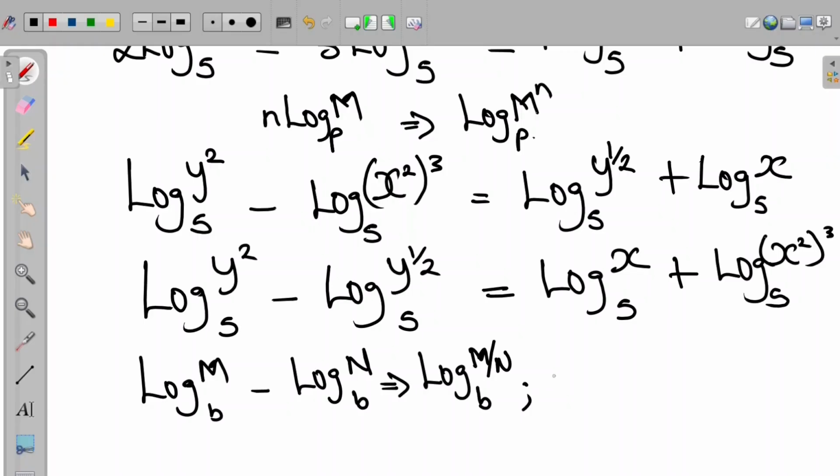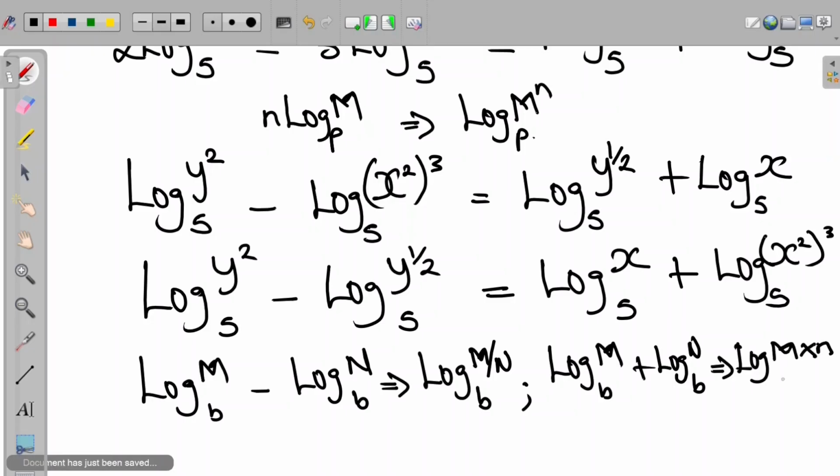Also, for the addition law, if I have log m to base b plus log n to base b, this can also be expressed as log m times n to base b. So we apply this law on the left-hand side and this other law on the right-hand side.